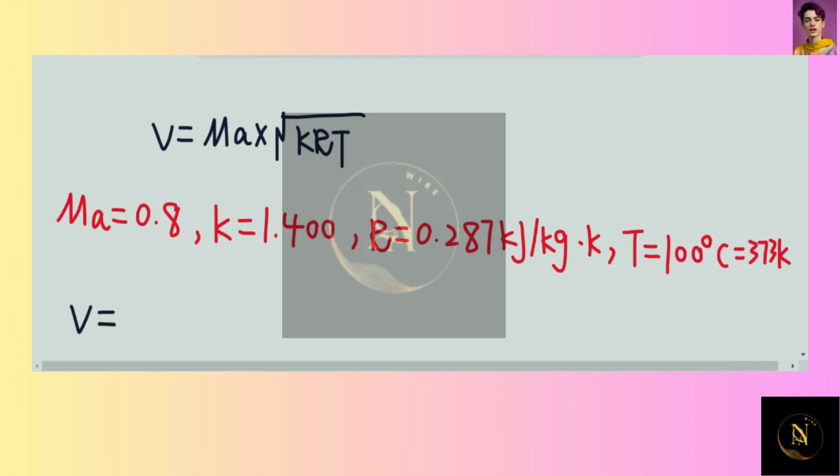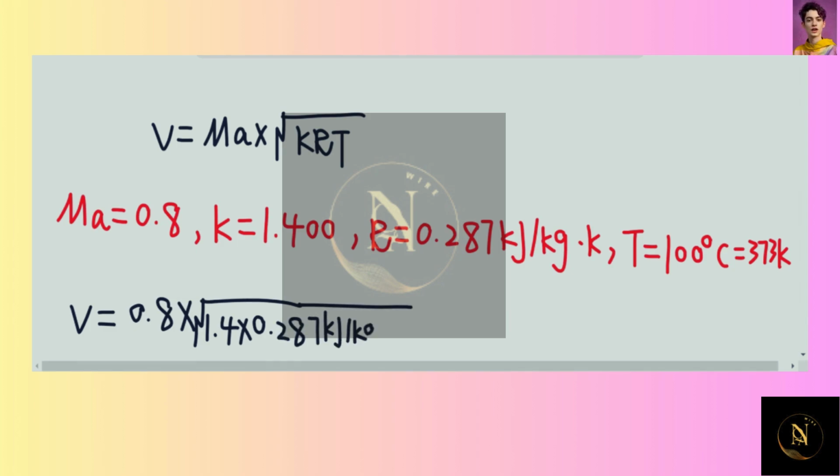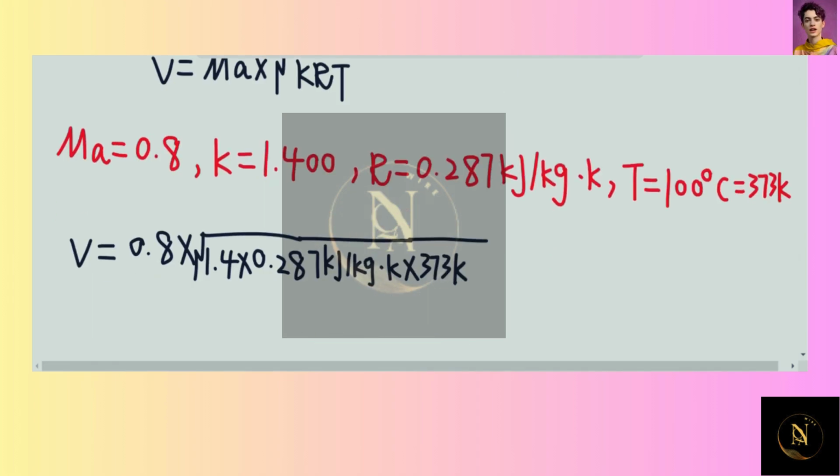So the velocity is equal to 0.8 times square root of 1.4 times 0.287 kilojoule per kilogram times Kelvin, and then multiply by 373 Kelvin. And remember, we need to convert to meter squared per second squared, since the answer has units of meter squared per second squared. So let's do it.